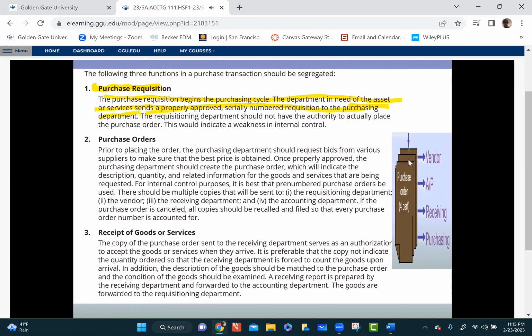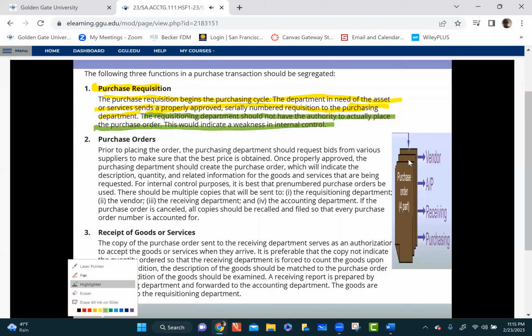Now, they tell us that the department that is essentially ordering the goods, the requisitioning department, should not actually be allowed to place the order. They say that would be a weakness in the internal control.